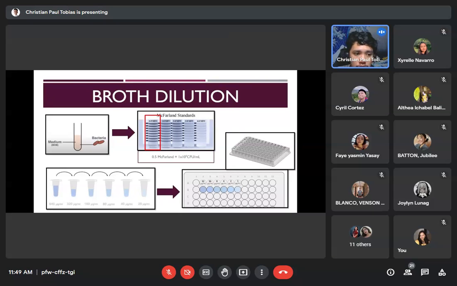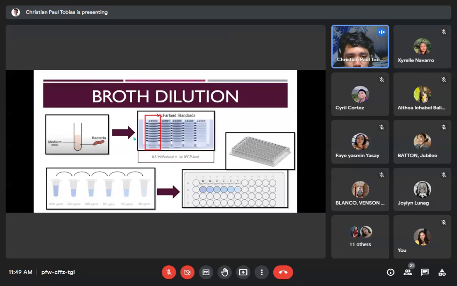In the first picture, this is your Mueller-Hinton broth. You put in a colony of bacteria. For microdilution, what was the colony size again? 5 times 10 raised to 5 CFU per ml. Right? So from the plate, take a colony, put it in the MH broth, then mix.